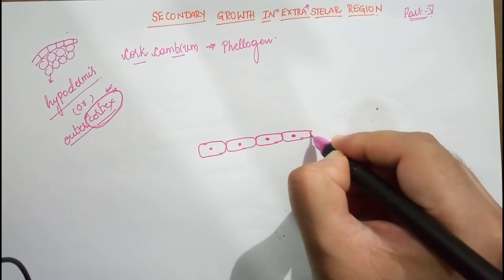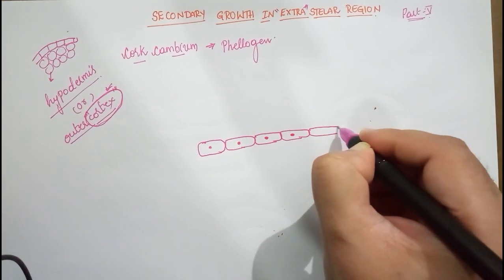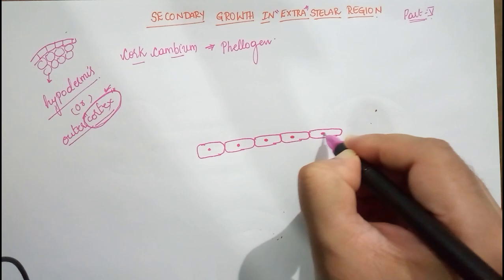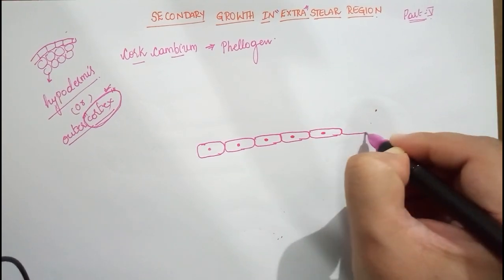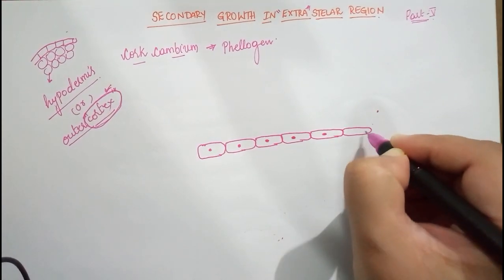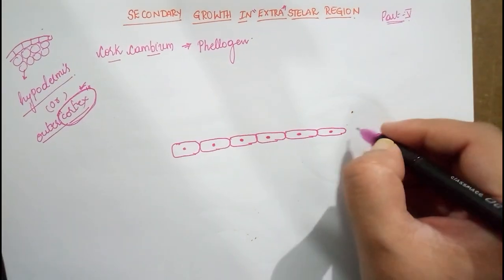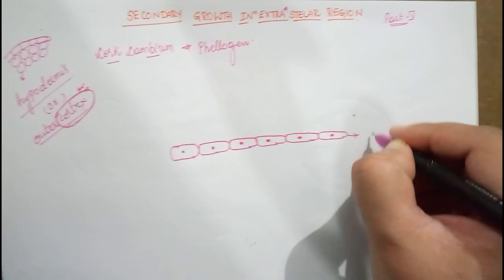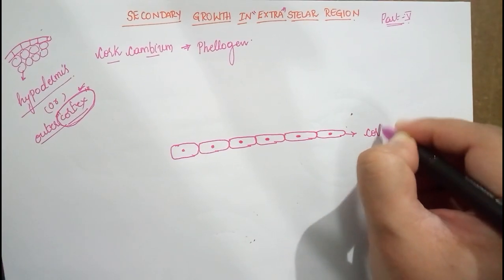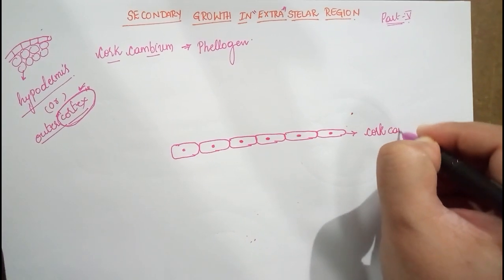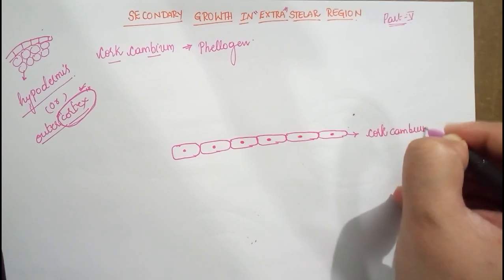I am drawing one layer of the cortical cells here. This layer of cortical cells is going to convert into a meristematic layer, which is called the cork cambium.